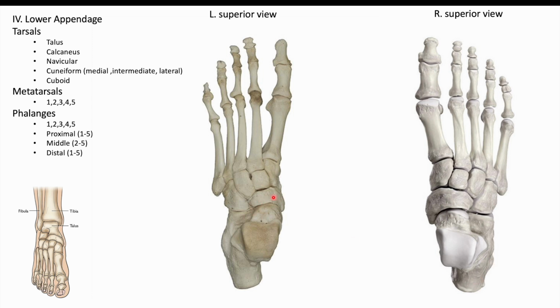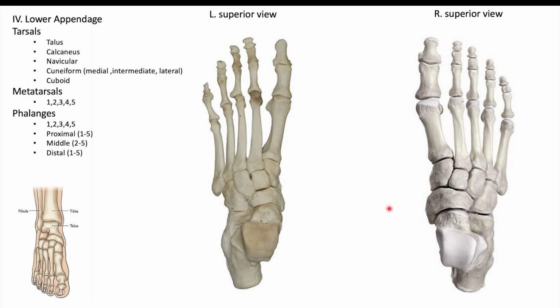Now this bone right here, which is still part of the tarsals, is called the navicular. It means boat. And then on this side, this is the cuboid. So you have the navicular and the cuboid.